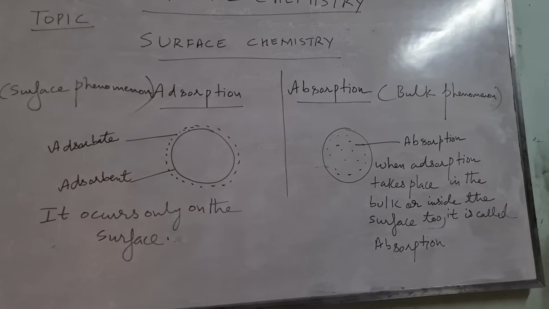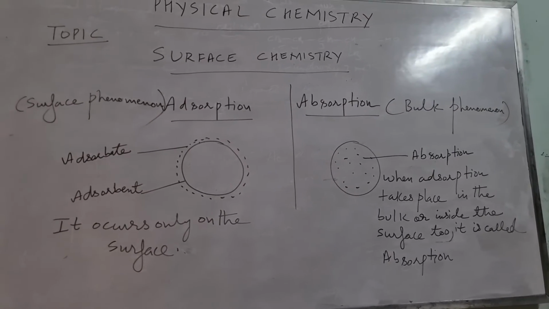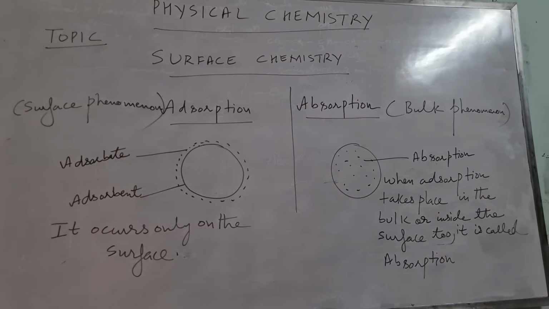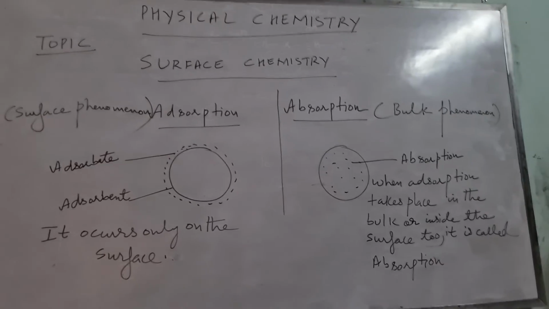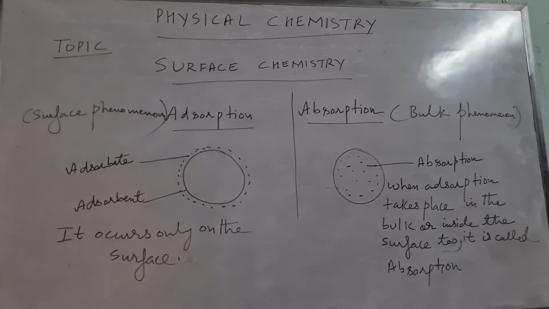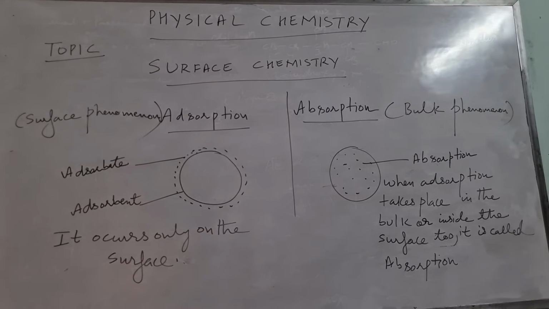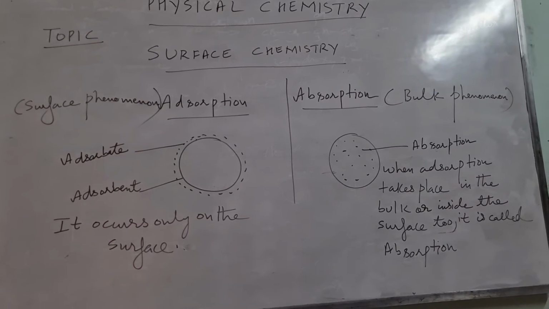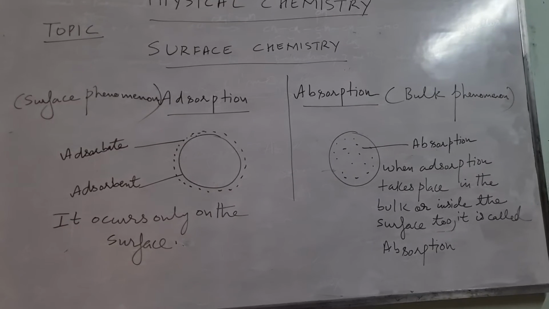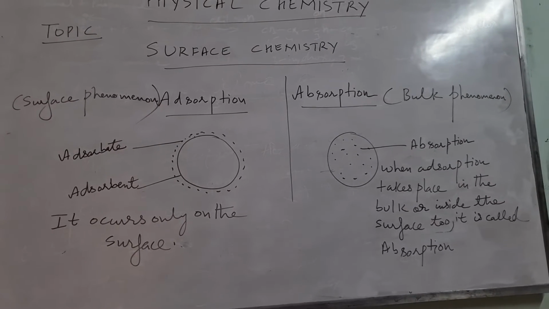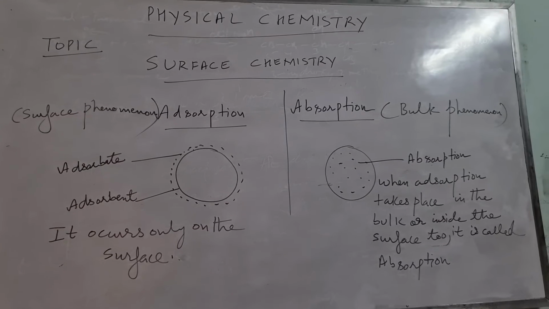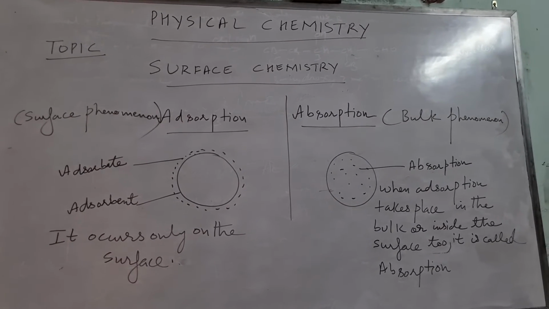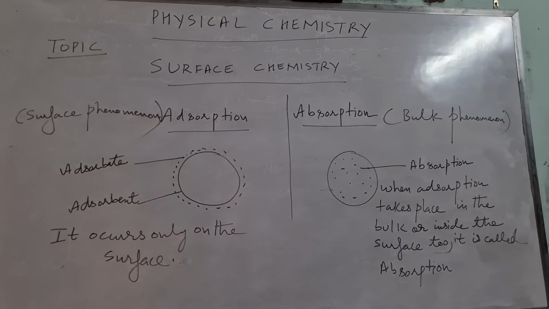So my dear students, when you increase the temperature, first of all, adsorption will increase. If it is a chemical adsorption, it will increase with increase in temperature. Why? As you know, in case of chemical adsorption, we require formation of chemical bonds. Chemical bonds cannot form without the use of energy. So they require energy for their formation.